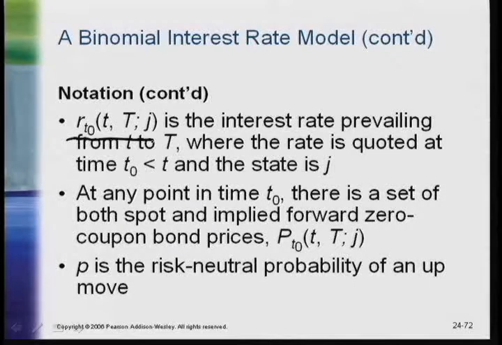So again, we're still at time 0. You can think of this that we're at time T0, and we have different forward rates between time little t and time capital T, depending on which state we're projecting in our binomial lattice. You can imagine that there would be low interest rate states and high interest rate states at time little t, and at time T0 in our lattice we can observe what those states are, and we'll call them with a letter J. So at any point in time, T0, which is typically time 0 today, we can have in our lattice the development of various interest rates as they emerge over time.